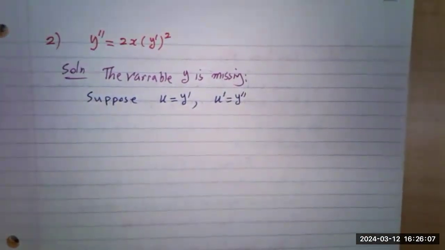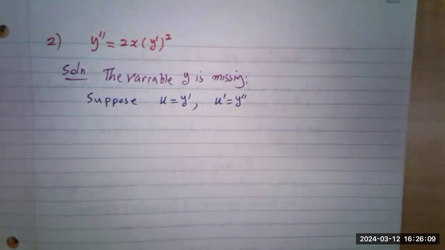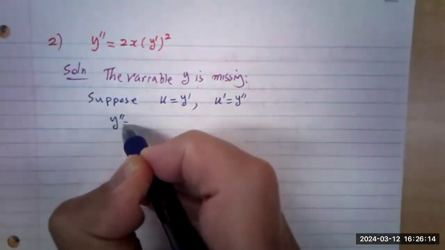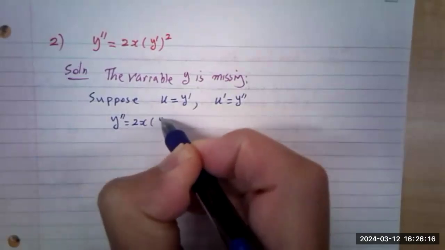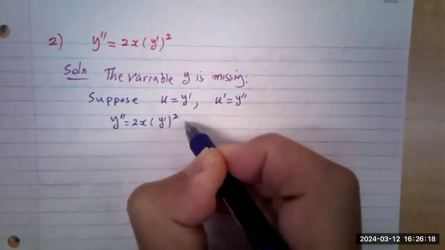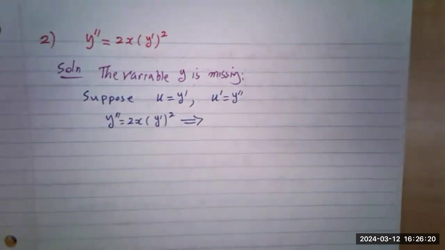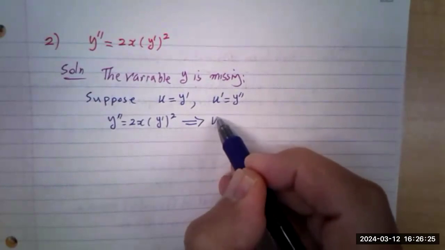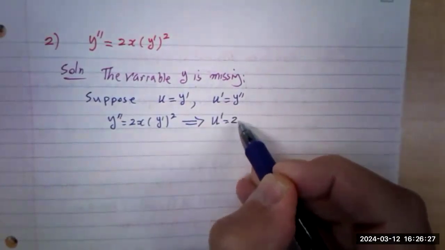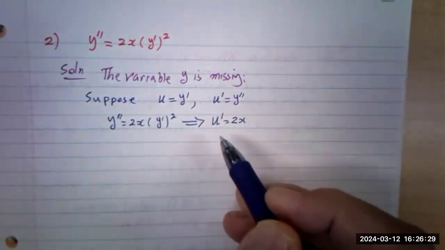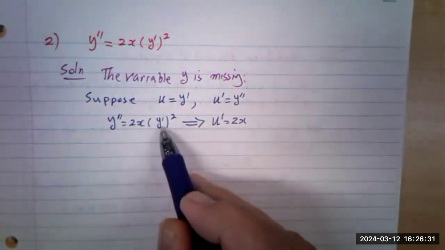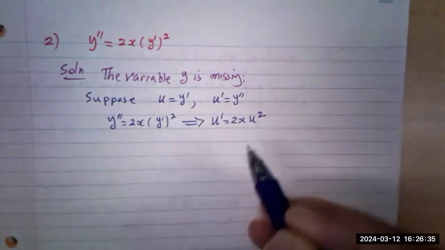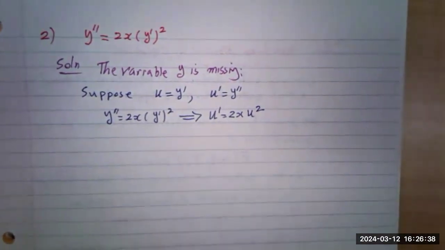Go back and substitute into your equation. The given equation is y double prime equals 2x times y prime squared. If you substitute, y double prime is u prime, so u prime equals 2x, and y prime is u, so it's going to be u squared. So that would be the resulting equation.